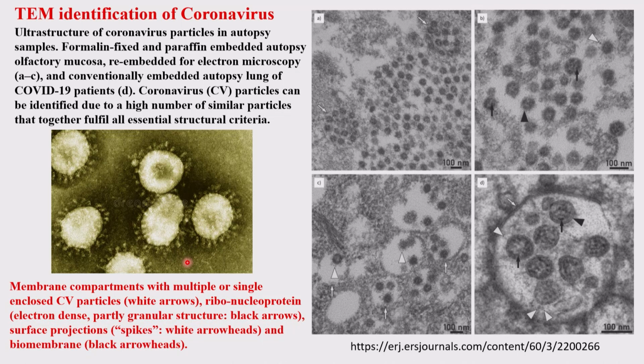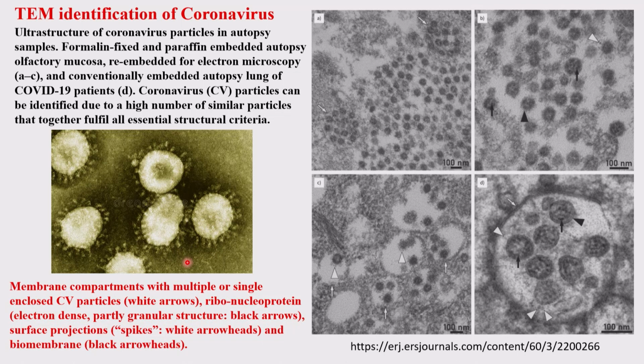Okay, embedded autopsy, olfactory mucosa, re-embedded for the electron microscopy, A, B, and C. These 3 are for these ones. And conventionally embedded autopsy, lung of the COVID-19 patients, this one D. So these you can see the way that these are and the levels at which you can look.